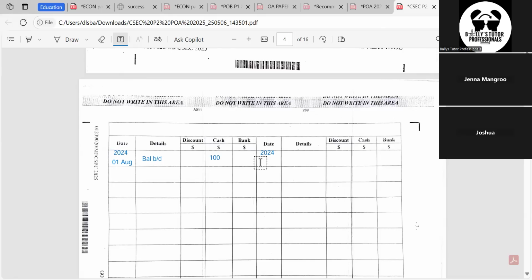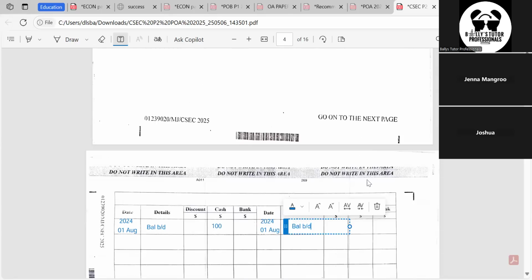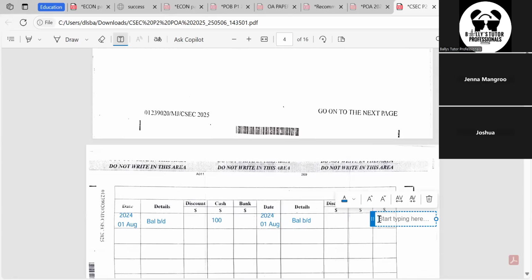So we'll come here. 1st of August, balance brought down. How much was it again? 8,150.